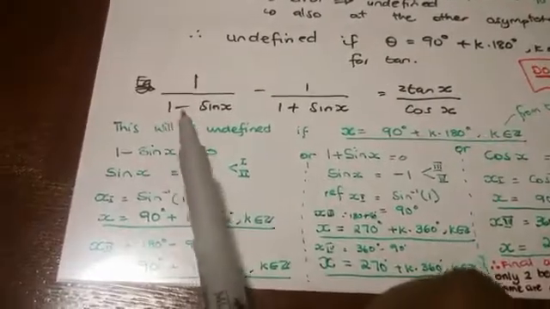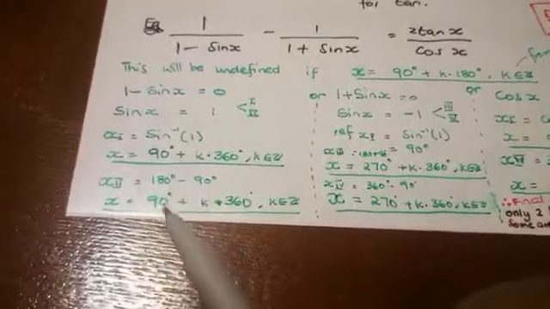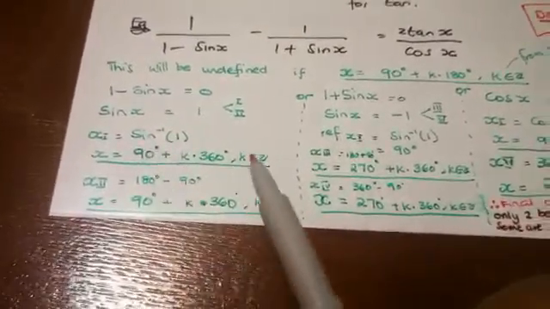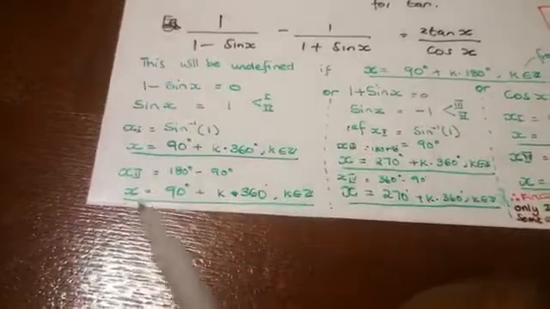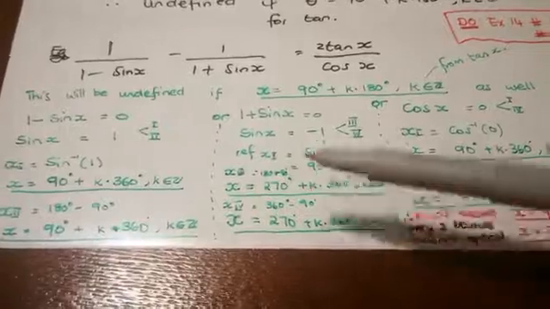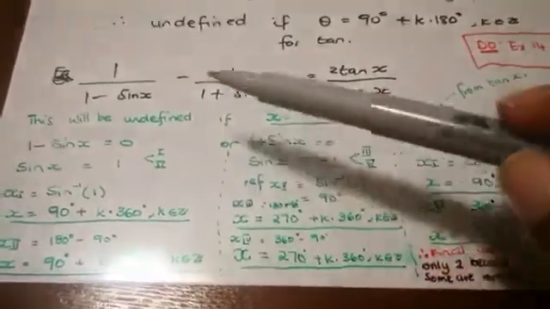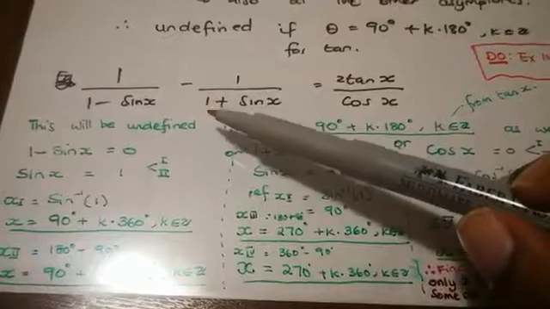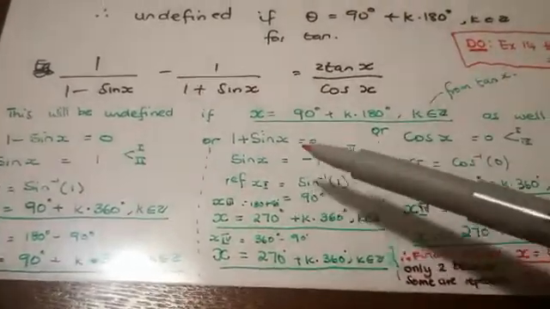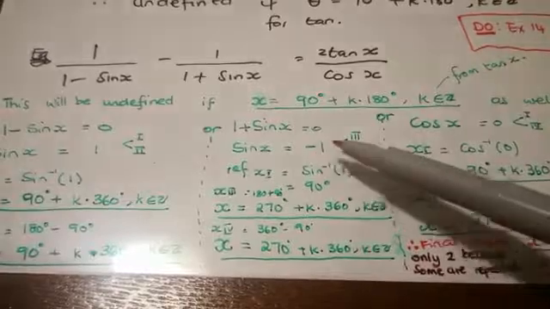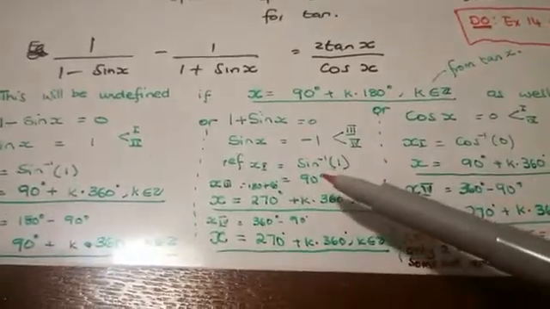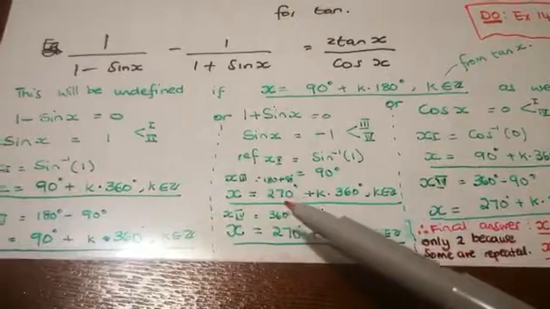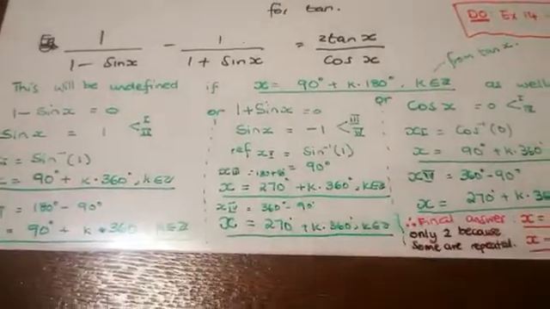It will also be undefined if 1 minus sine theta is equal to 0, which when I solve gives me 90, from both the first x and the second x. Then it will be undefined if 1 plus sine x is equal to 0, which gives me -1. My reference angle is 90, which gives me 270 in both cases.